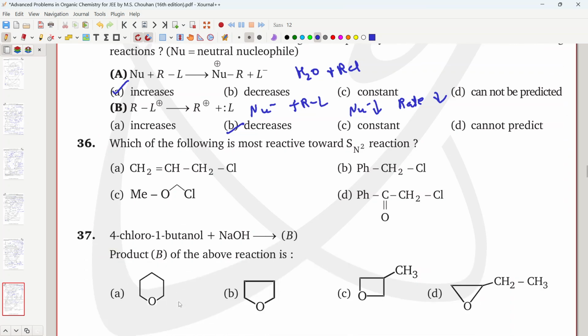So now, for question 36, which one of the following is more reactive towards SN2 reaction? Now the options are A, allyl chloride, B, benzyl chloride, C, chloromethyl methyl ether, D, phenacyl chloride. Now the SN2 rate is accelerated when the transition state is stabilized. So allyl chloride is resonance stabilized.